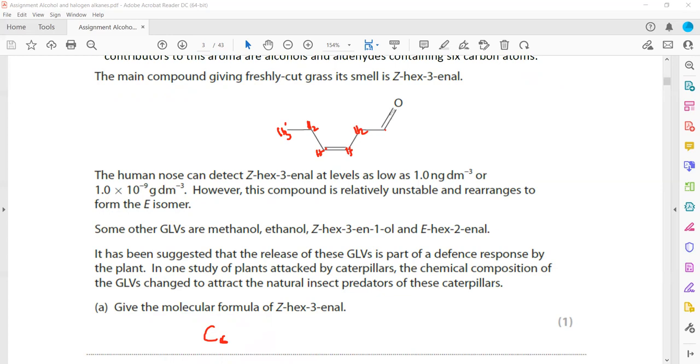And this one, because 3 bonds are there, will have 1 hydrogen, because in a skeletal formula we don't represent the hydrogens. So the total number of hydrogens: 3 plus 2 is 5, 6, 7, 8, 9 and 10. So C6H10, and 1 oxygen is there, so O. C6H10O is the molecular formula of this compound.